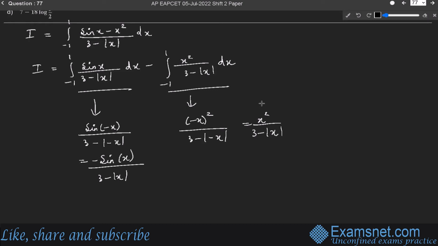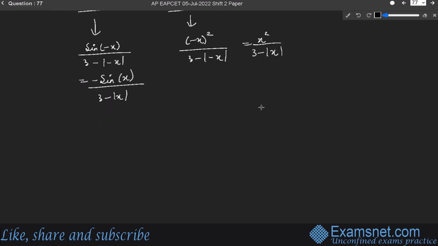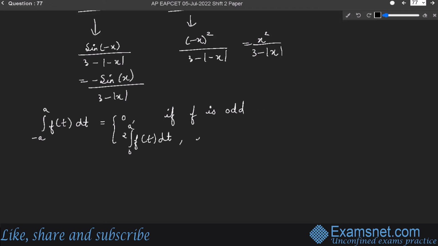We know that there is a property: integration of minus a to a f of t dt is equal to 0 if f is odd, and it is equal to 2 into integral of 0 to a f of t dt if f is even.